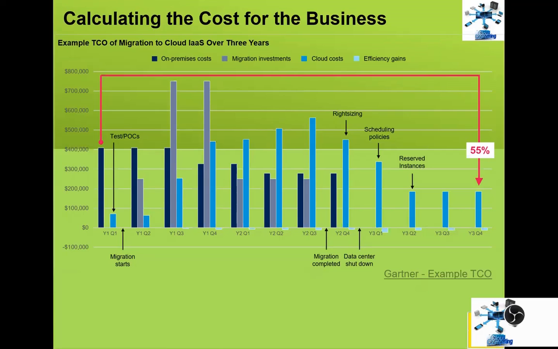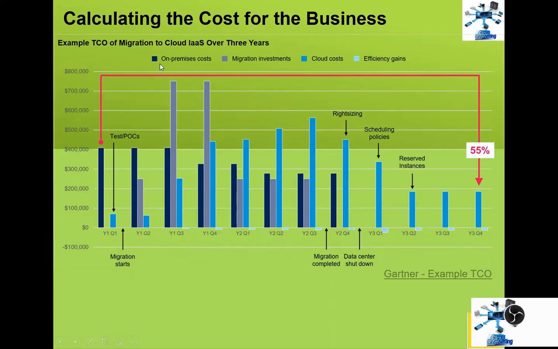If you take a look closely, on the y-axis vertically you have the cost, and horizontally you have the year. This graph goes for 3 years; the analysis is done for 3 years.